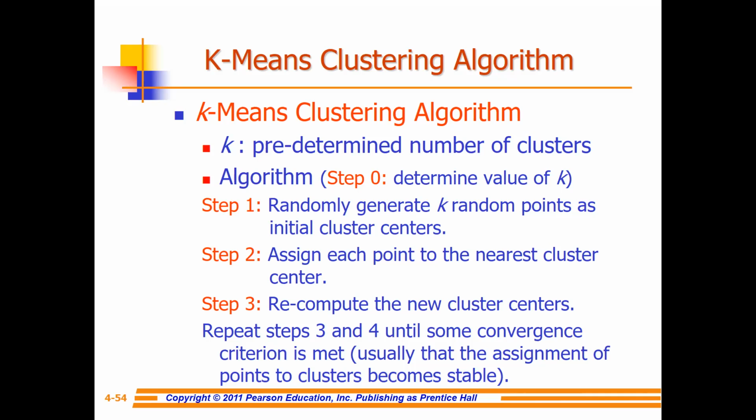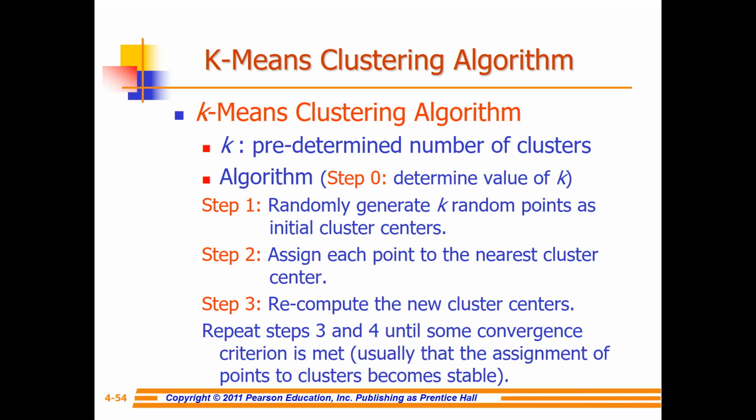Then we have to assign all of the data points to one of the clusters. If case number 1 has the smaller distance from the center of cluster 1, then we will assign case number 1 to cluster number 1.